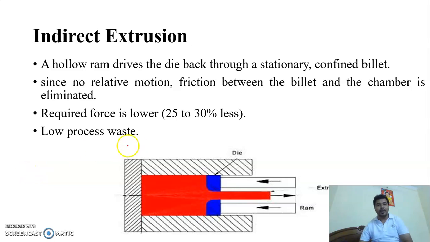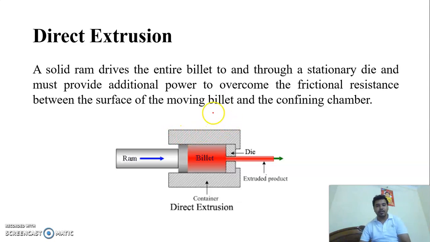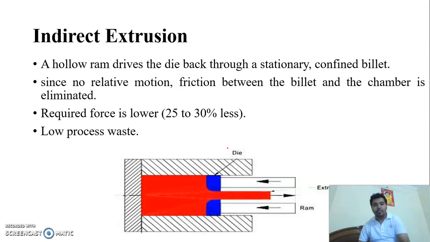Also, one of the problems in direct extrusion was the direct contact between the billet, which is hot, and the confining chamber. Due to this, friction was occurring in direct extrusion, but this problem is not in indirect extrusion, as we can see from this diagram that there is no direct contact of the extruded part with the containing chamber, so the friction problem is reduced.